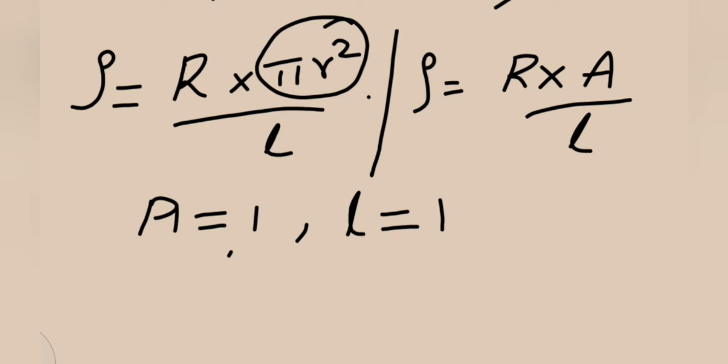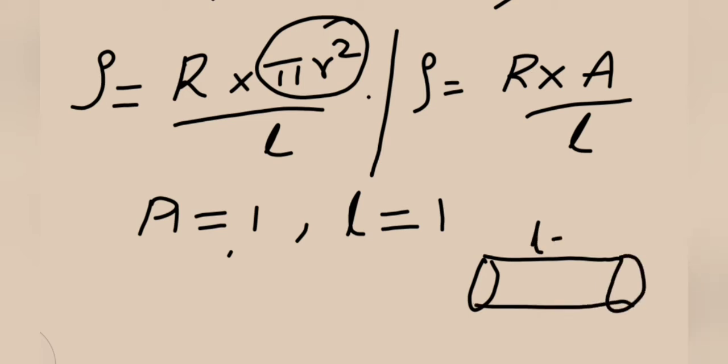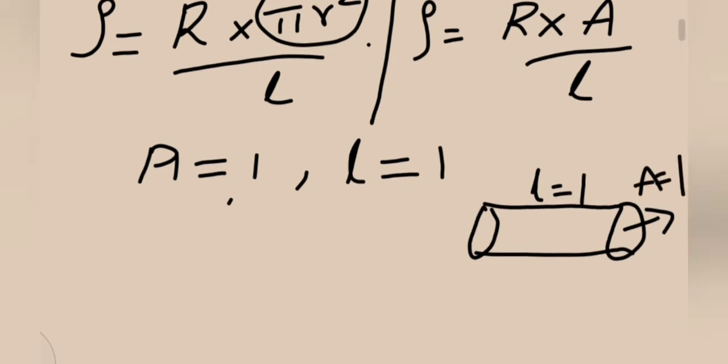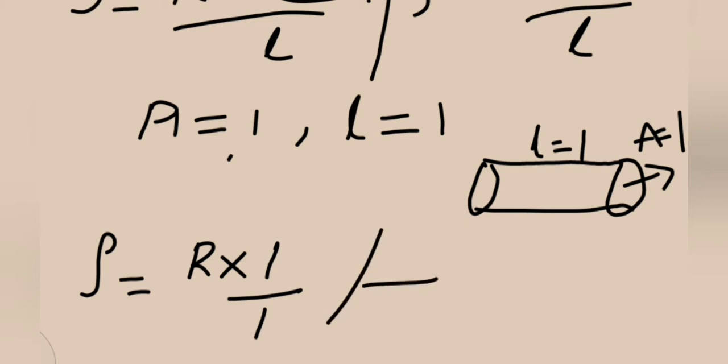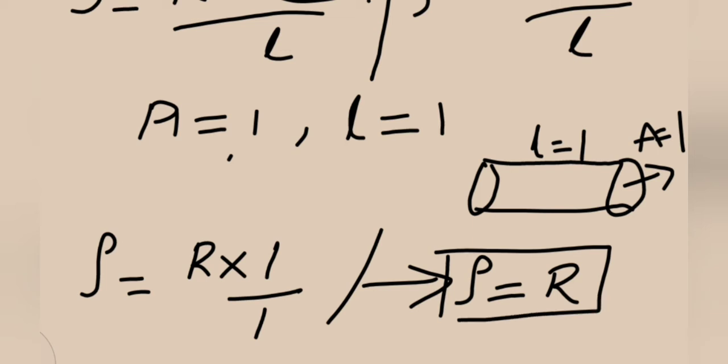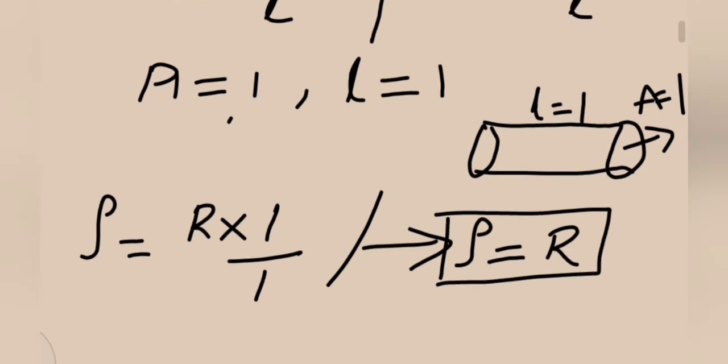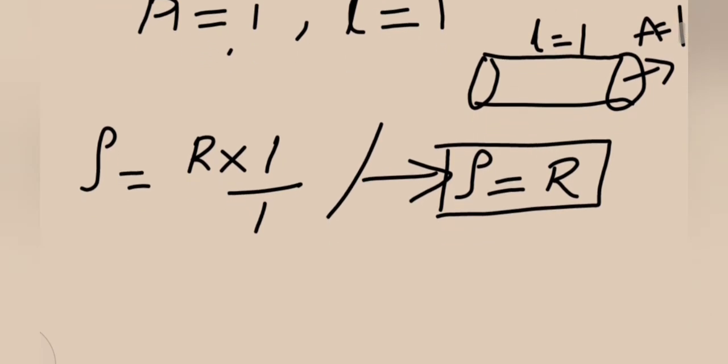So we are going to consider a conductor whose length is equal to 1 and area is equal to 1. So the equation will be modified as rho is equal to R multiplied with 1 by 1, or we can say that rho is equal to resistance. That is, resistivity will become resistance if area is 1 and the length of the conductor is 1.